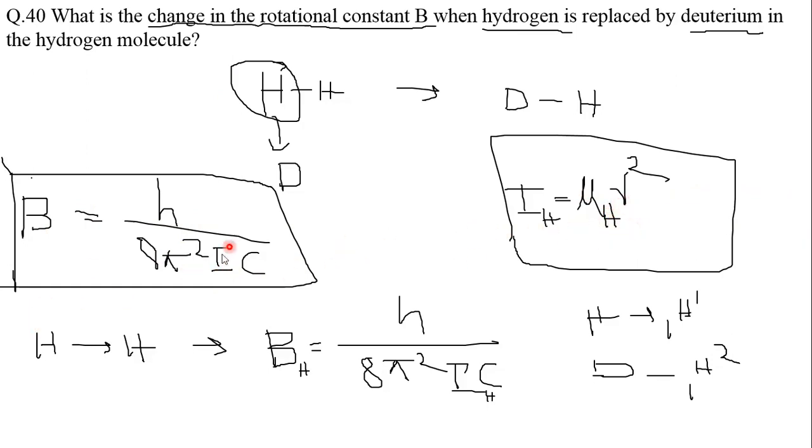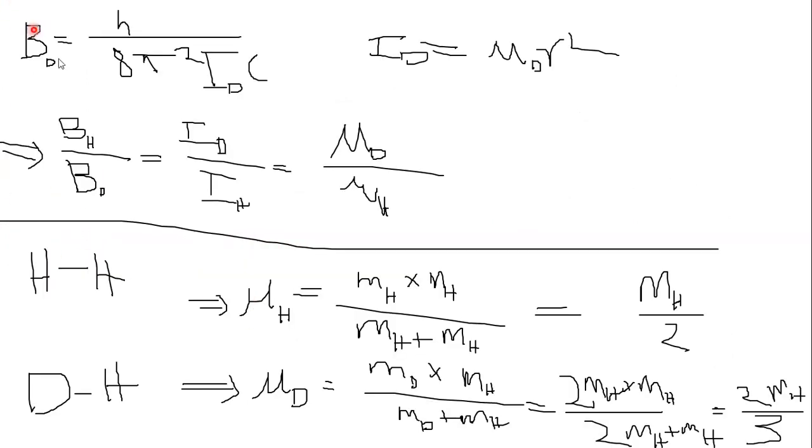So the moment of inertia in the case when both are H, and in the case when one is D, will be different because there is effective mass included in the expression of I, and this rotational constant B also depends upon I. So if you take the ratio of the two rotational constants, since the rotational constant is inversely proportional to moment of inertia, Bh by Bd will be Id by Ih, and the ratio will be mu d by mu h.